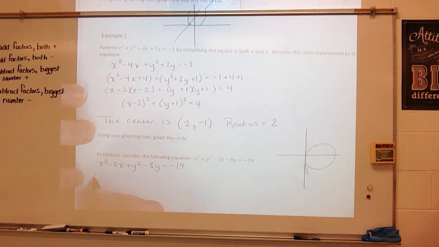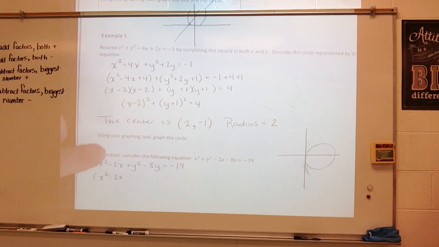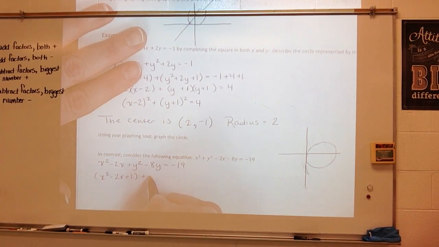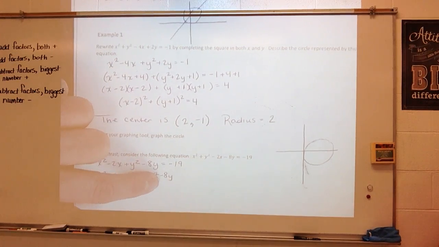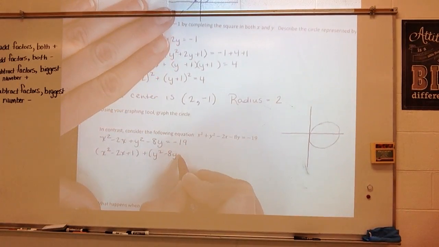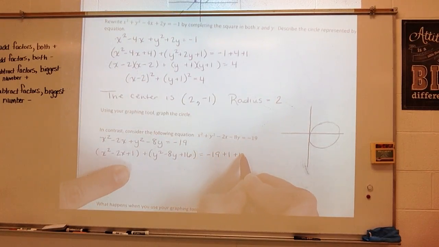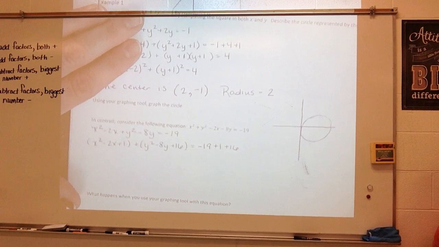Alright, so let's complete the square. X squared minus 2x, I'm going to take half of 2, which is 1, square it, that's 1. Y squared minus 8, take half of 8, which is 4, square it, that's 16. Now because I did it to one side, I have to add 1 and 16 to both sides.